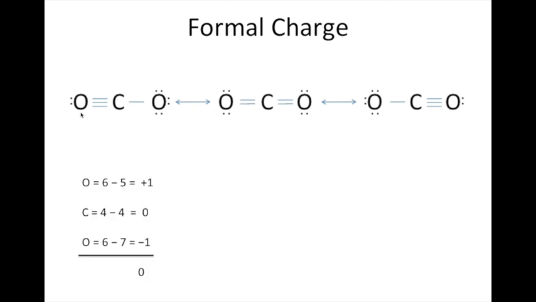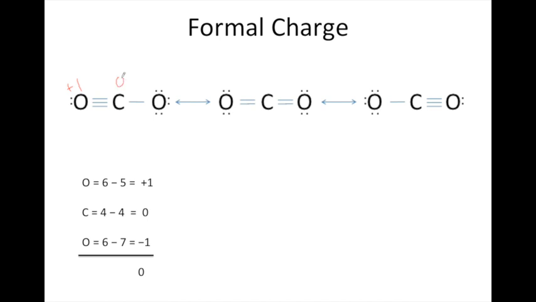Our first oxygen has 6 valence electrons. Oxygen always has 6. And this oxygen owns 1, 2, 3, 4, 5. So this oxygen, the first oxygen that we see here, has a +1 formal charge. Our carbon has 4 valence, and it owns 1, 2, 3, 4. And so 4 minus 4 is 0.